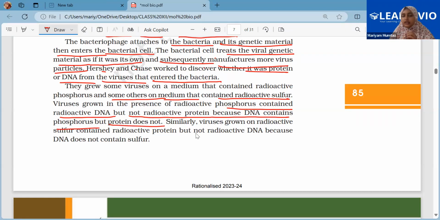Protein has sulfur in it. DNA has phosphorus. So the viruses grown in radioactive phosphorus took up the radioactive phosphorus, but did not take up the sulfur, and vice versa. Similarly, viruses grown on radioactive sulfur contain radioactive protein, but not radioactive DNA, because DNA does not contain sulfur.